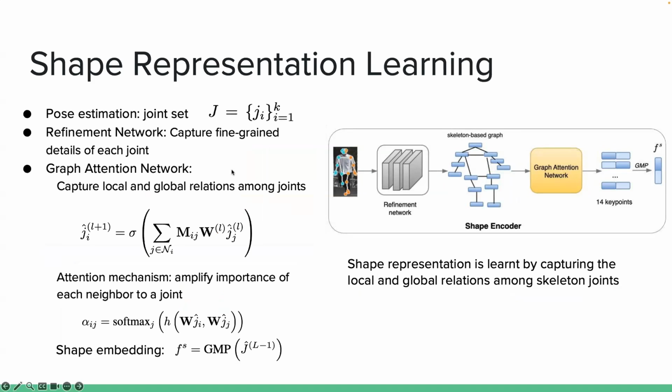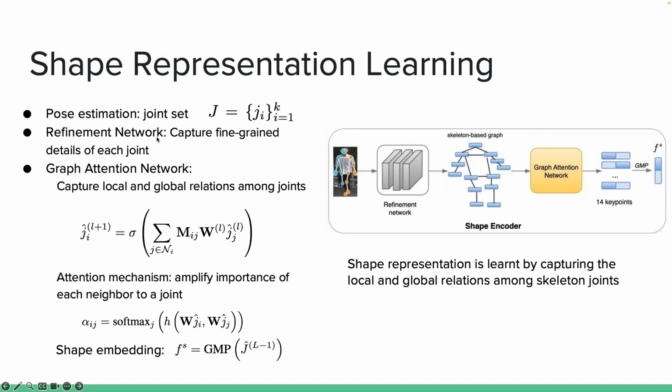Shape representation can be learned by capturing the local and the global relations among the skeleton joints. The diagram of the shape encoder is illustrated here. Given an image, first we use a pose estimator to obtain the joint set J, which consists of K body joints.